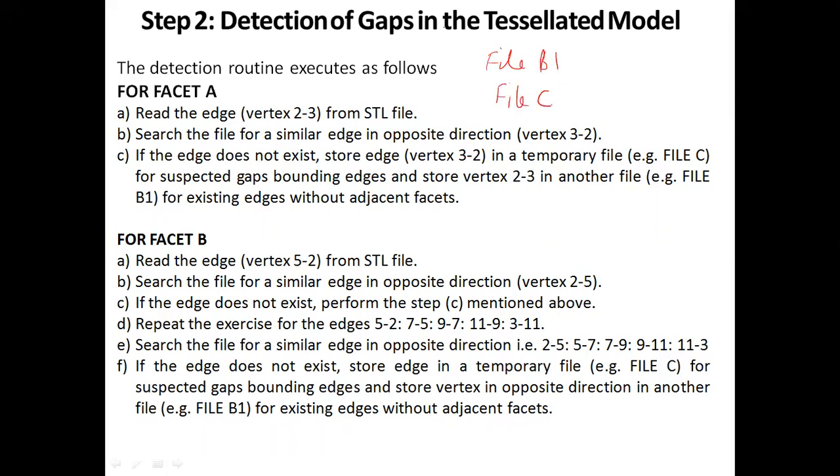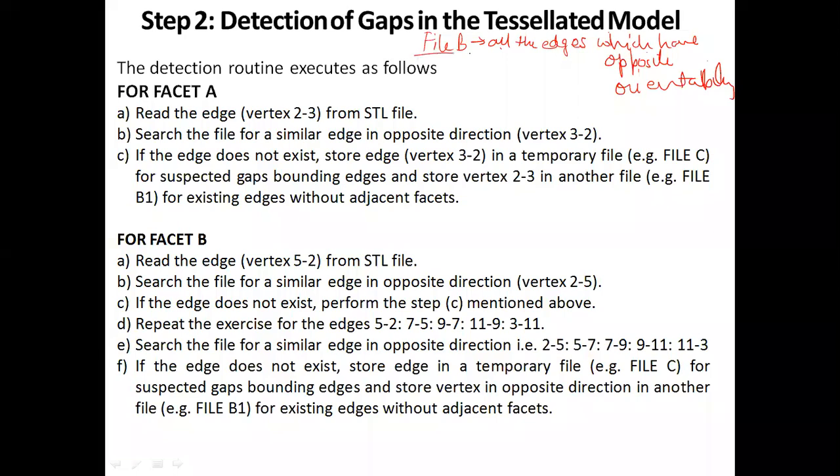File C, file B1, and there is another file which is called file B. So file B will basically store all the edges which have opposite orientability. Okay, so file B will store all the edges which will have the opposite orientability. So that is your file B.